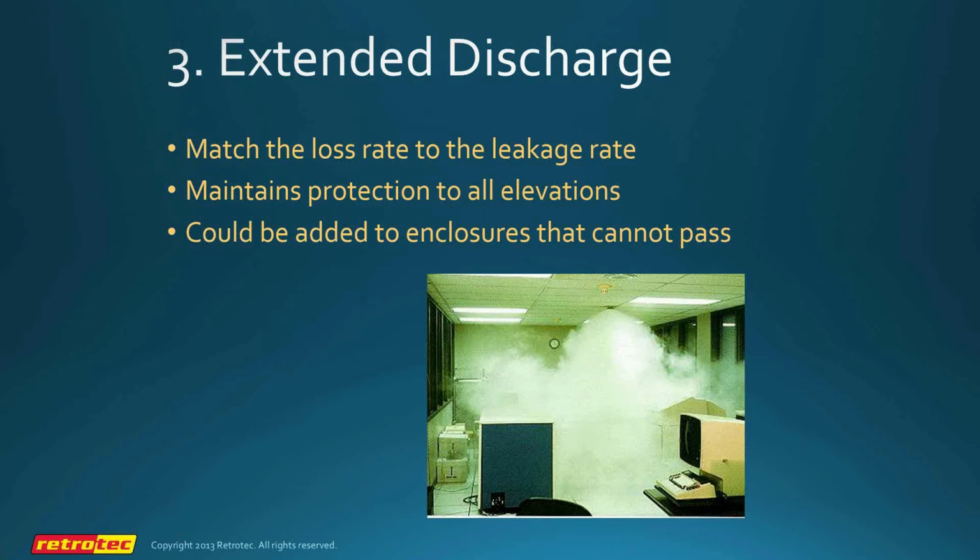So if we're leaking at a rate of 10 pounds per minute, then we discharge at 10 pounds per minute. And the assumption is that we maintain our initial concentration at all elevations, and extended discharge is always continuous mixing, and it is an option. You'll find this doesn't exist on the venting calculator because there's nothing to calculate.